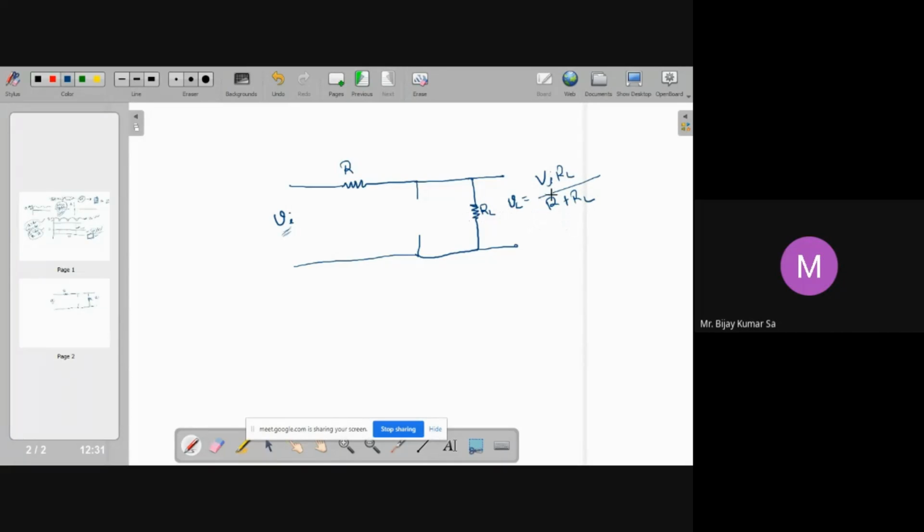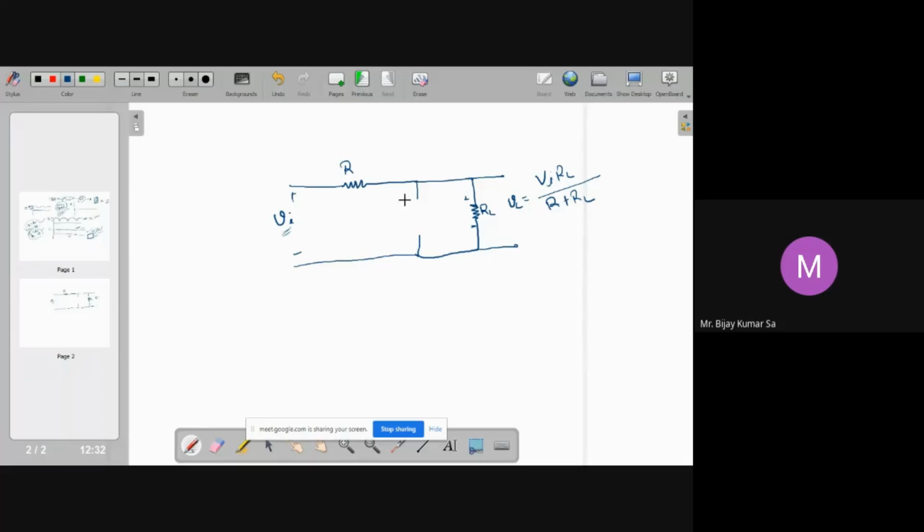Okay. So this is the voltage that appears across this. If suppose this is the VI applied at the input of this circuit, then across RL, the voltage that appears is VI times RL by R plus RL. So here I have assumed that there is no diode placed here.